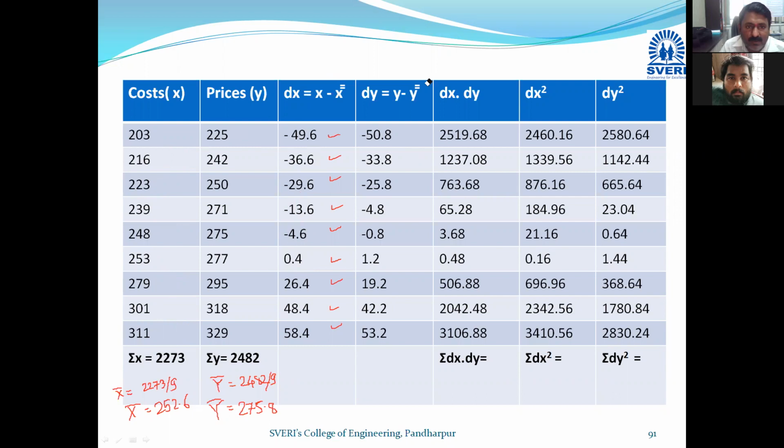Now friends, let us move to the y calculation. So 225 minus y bar, 275.8, gives minus 50.8.